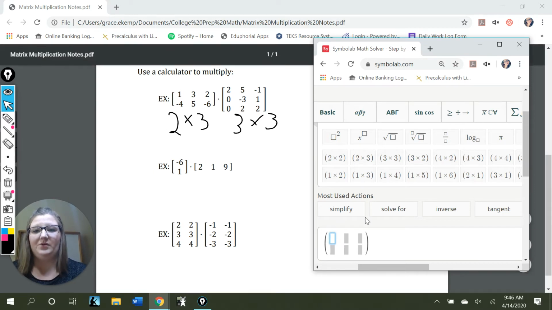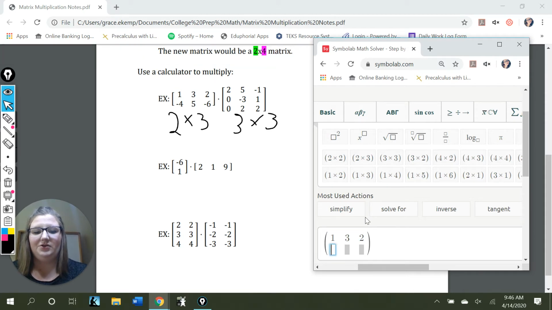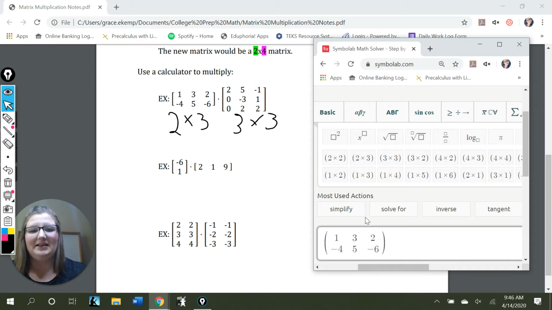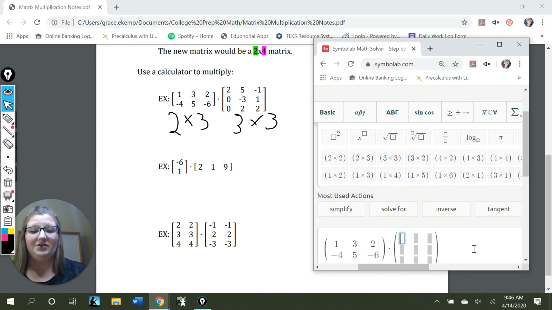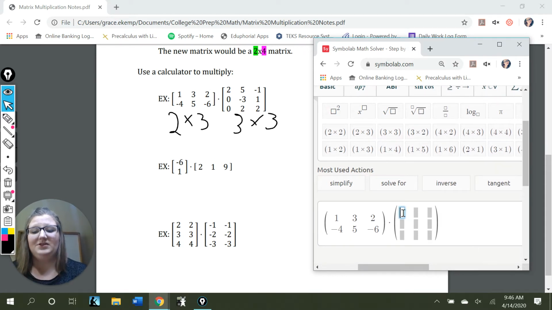So we start with 1, 3, 2, -4, 5, -6, and then we want to multiply that. So we need to insert a multiplication symbol, and I just use the one that's on my keyboard. And then our second matrix was 3x3, so we insert a 3x3 matrix. And so we have 2, 5, -1, 0, -3, 1, 0, 2, 2.